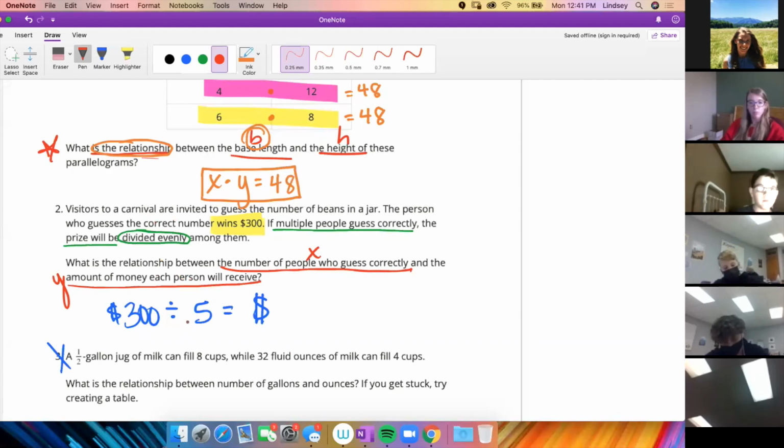How many people guessed it correctly. So instead of using 5, what am I going to use? X. And that's going to tell me how much money they made, which we said is our Y. So it's 300 divided by X equals Y.